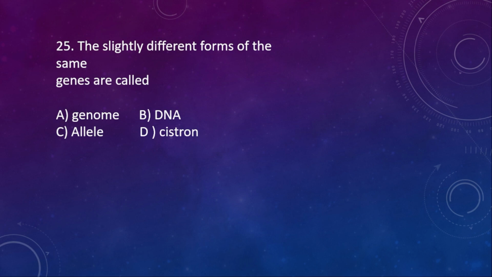Next, 25th one. The slightly different forms of the same gene are called: genome, DNA, C is allele, D is cistron. Here the right option is option C, allele.